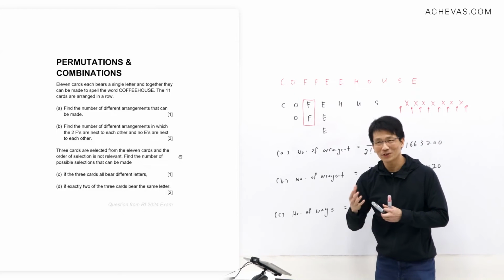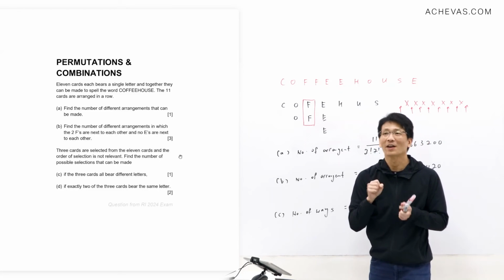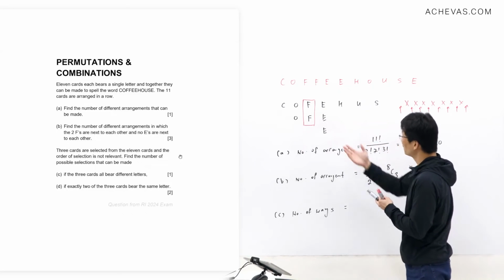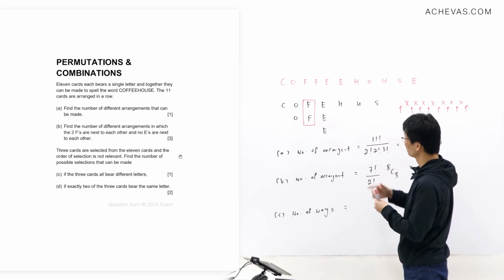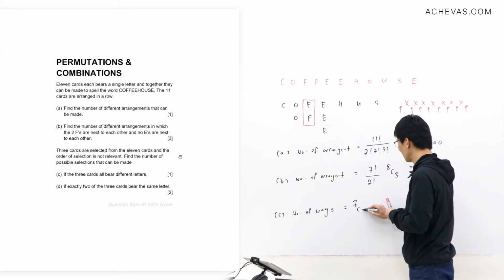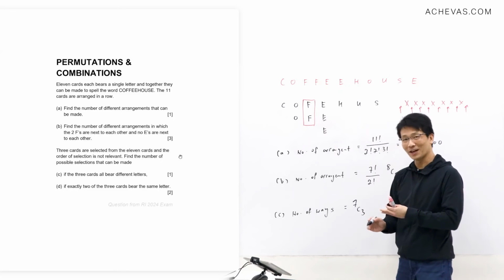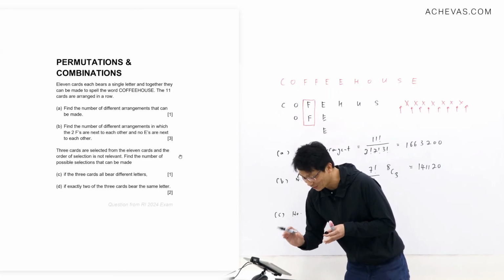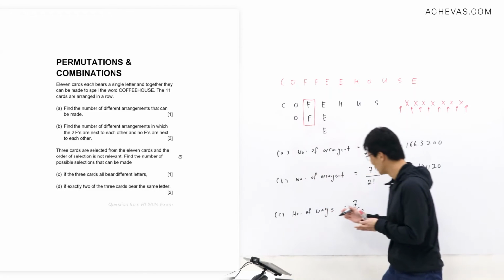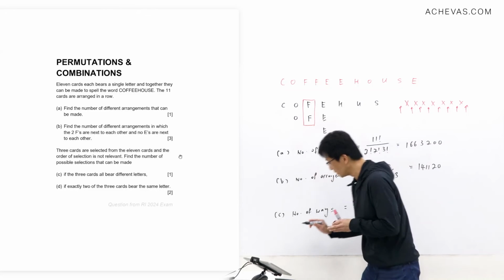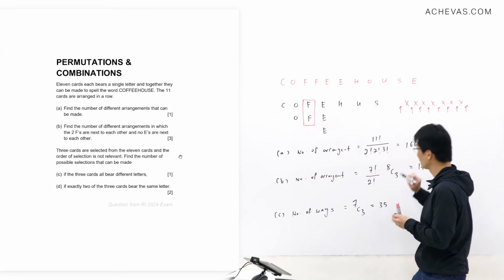To make sure the 3 cards we choose comprise all different letters, we basically only have 7 choices, and we want to choose 3 cards. So 7 choose 3. Because the question says we don't need any order, I don't need to do a permutation for this. Evaluating this, the answer will just be 35.